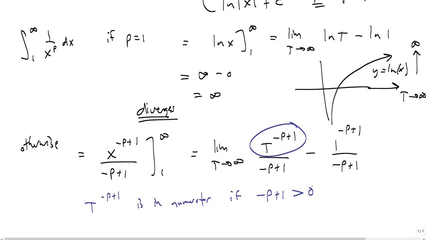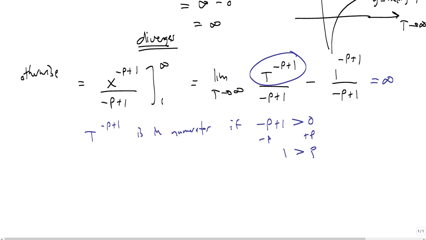Well, greater than or equal to 0, but equal to 0 would be p equals 1, which we just talked about. So let's add p to both sides, and we say p is less than 1. If p is less than 1, then that is in the numerator, and this goes to infinity.